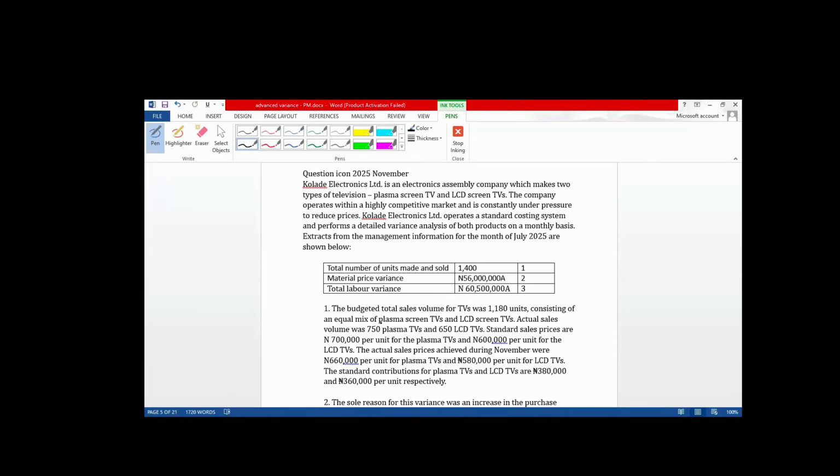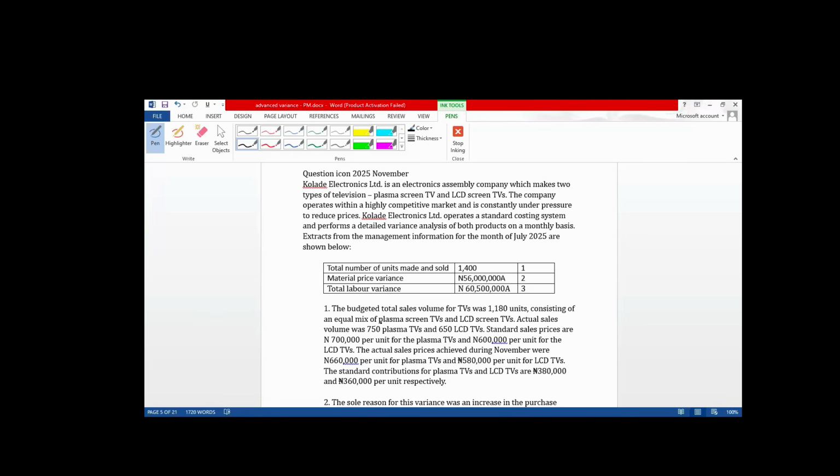Let's break that down. Our plan is that total television budgeted sales is 1,180. Out of this is going to be equal mix. 50% for plasma TV, 50% for LCD TV.